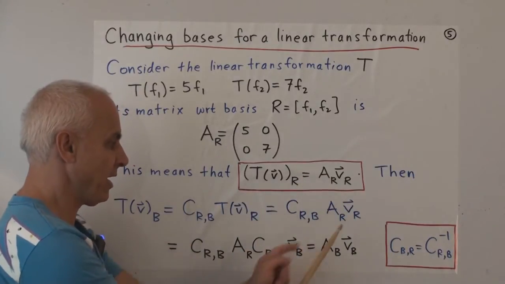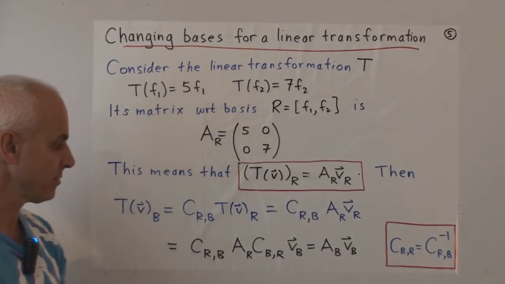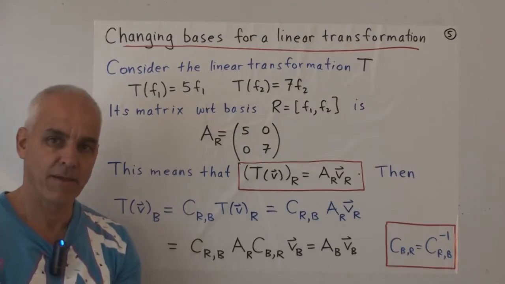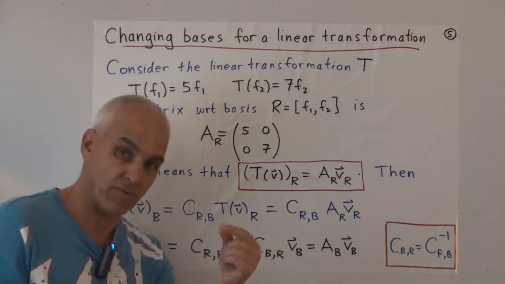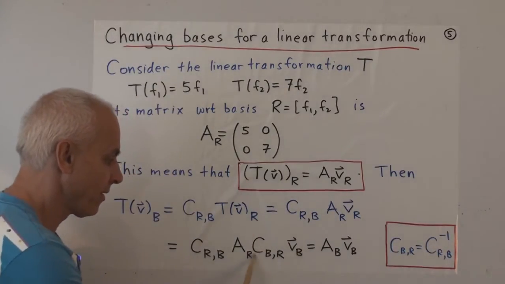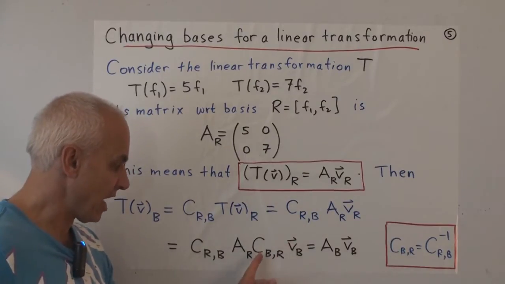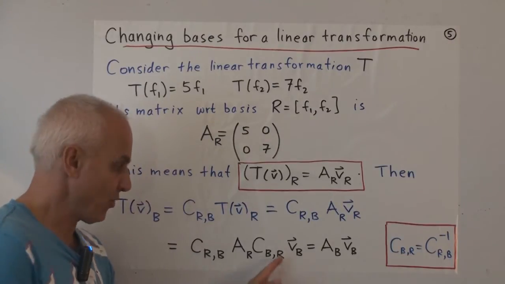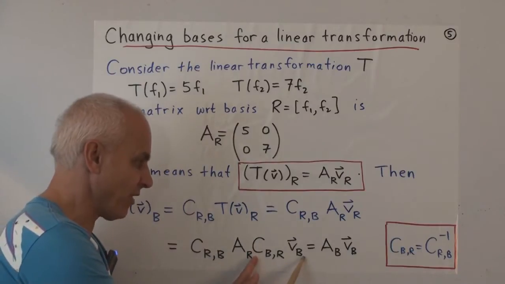So we get C_RB, A_R, [V]_R. Now we replace this [V]_R, the coordinate vector for V in Rachel's system, with this right here: the coordinate vector of V in Bob's system times the change of basis matrix C_BR, which converts Bob's coordinates to Rachel's coordinates.